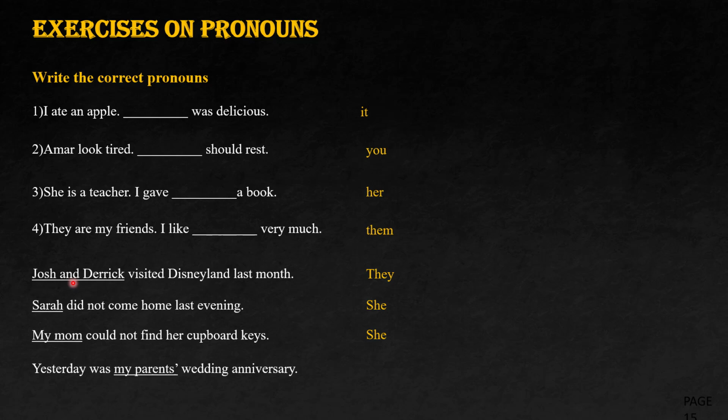My parents, it should become "their." Their wedding. Now again the same. The cat drank all the milk that was left in the kitchen. The cat is a thing, so it should be "it." It drank all the milk.